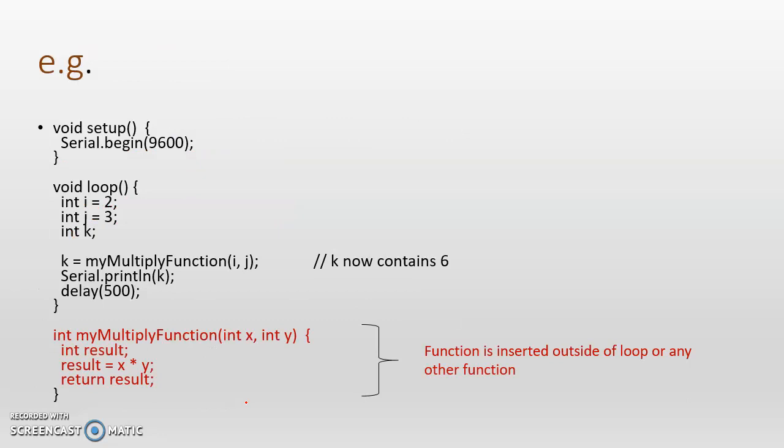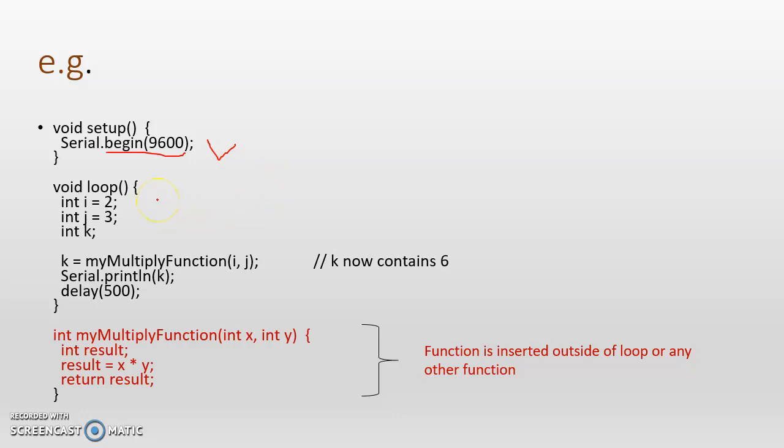Now for example, here one program is given, and in that program we can see how to define the function. So this is void setup, Serial.begin(9600). This command is often needed when we want to communicate with a computer or any other device connected to the TX or RX pin.